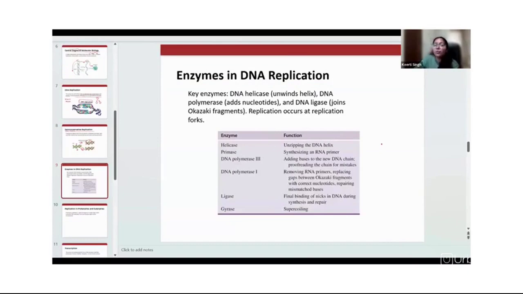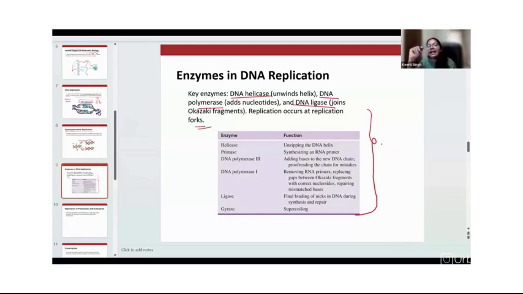See, this slide gives you an overall idea of what kind of enzymes are involved in DNA replication, right? Key enzymes are DNA helicase, DNA polymerase, DNA ligase, right? What will they do?